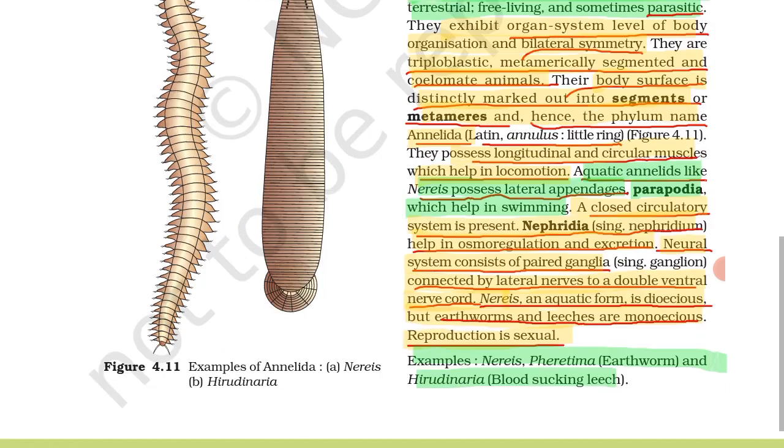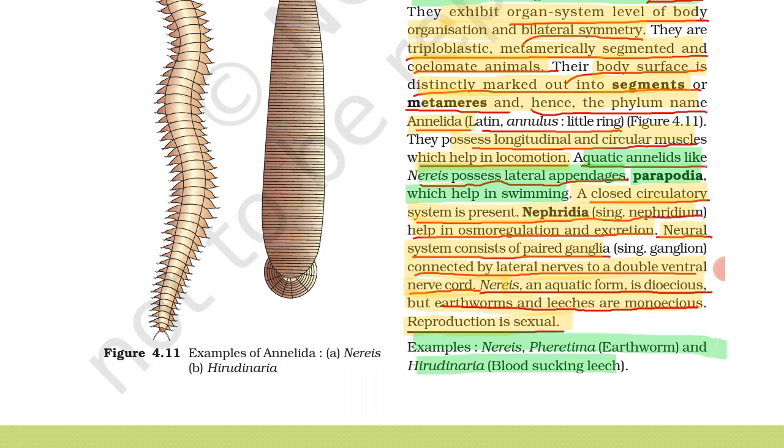Then they possess a closed circulatory system. Next, nephridia are useful for osmoregulation and excretion. They have a well developed neural system, consisting of paired ganglia connected by lateral nerves to the double ventral nerve cord.